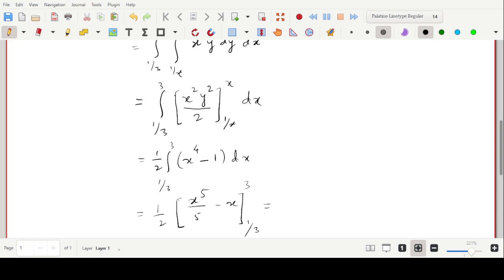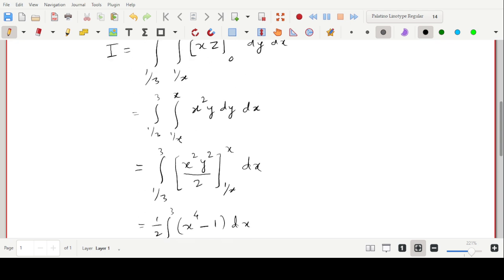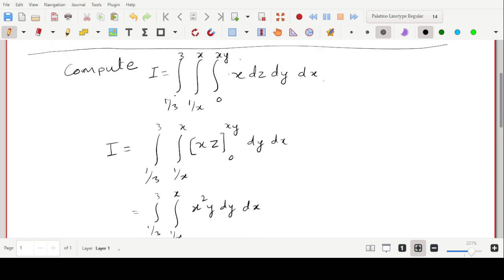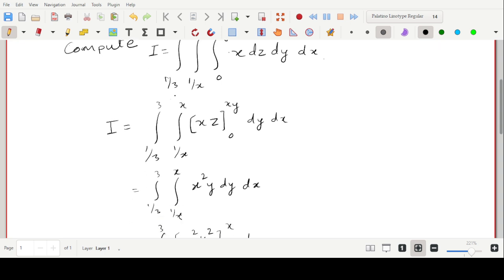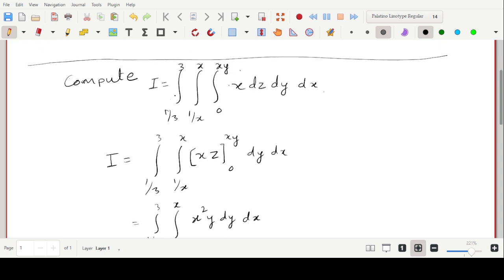We can complete the computation, but the whole point of this was to show you how to compute the triple integral. So the process of integrating is not much different from that of a double integral. What is somewhat challenging in triple integration is this: if the integral is given, then computing it is not very difficult.